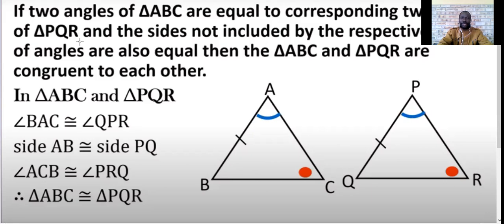Well, that's a long statement. Let's just look at the mathematical illustration, which is right here. If you have two triangles, A, B, and C, then another triangle P, Q, and R.